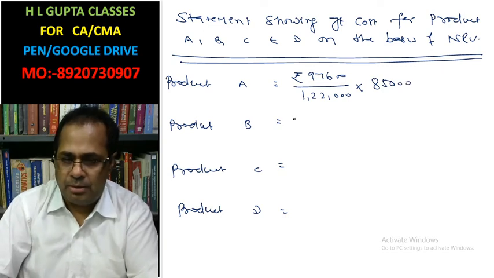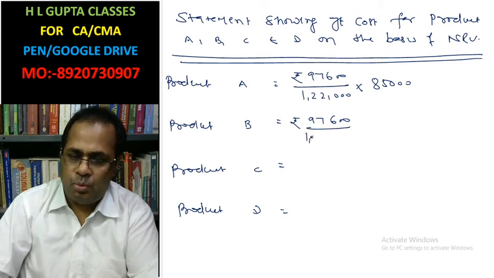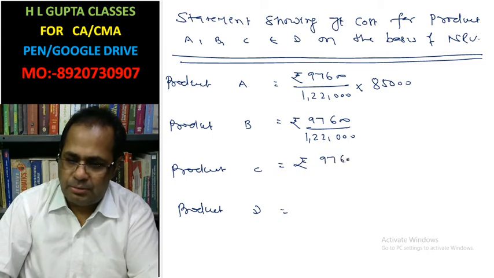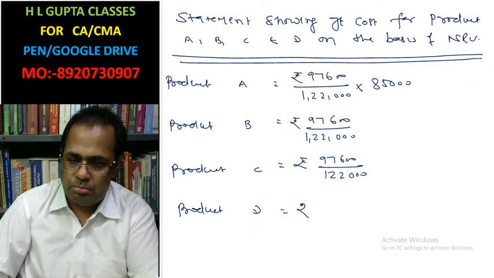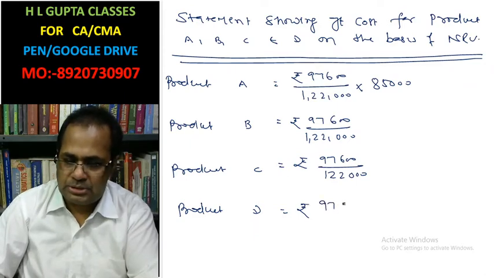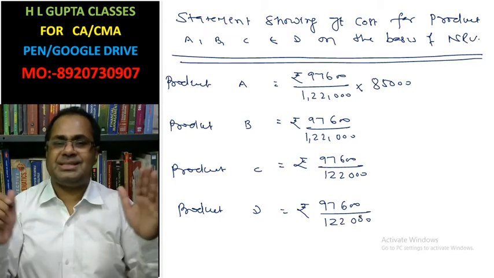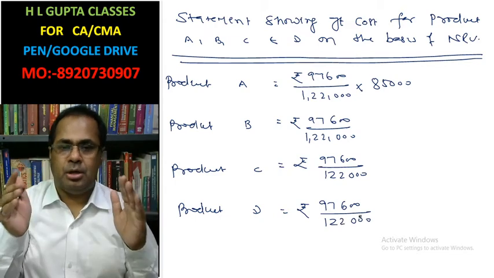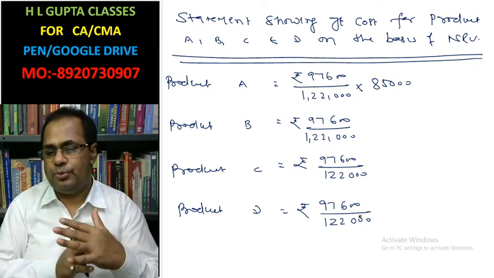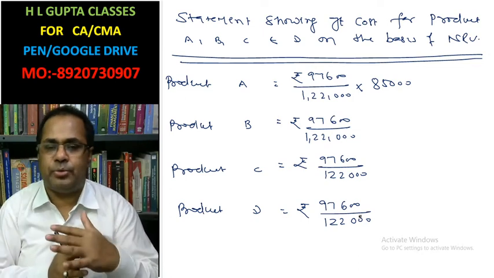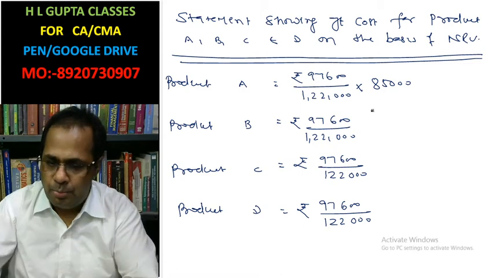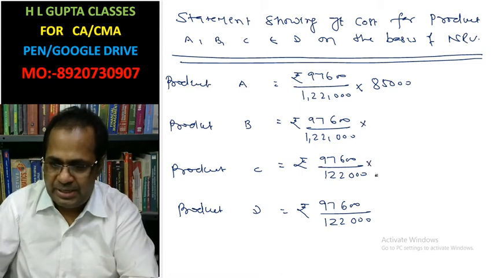Similarly here 97,600 over 1,22,000. This is the basis, these are the ratios at which we have to apportion, allocate the joint cost for products A, B and C.